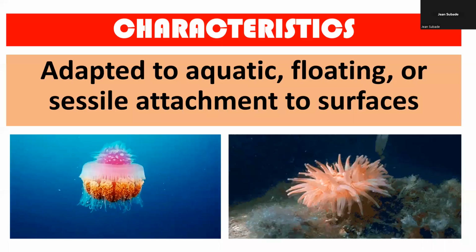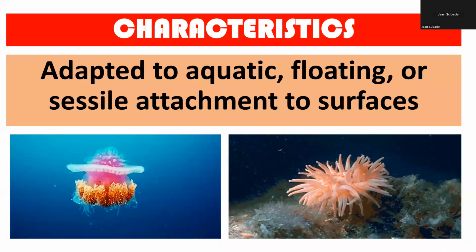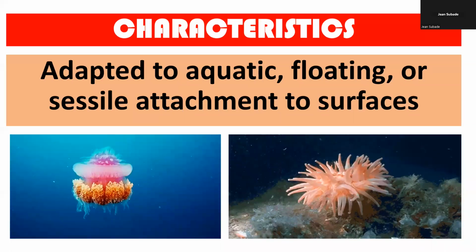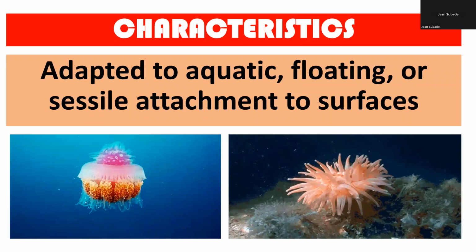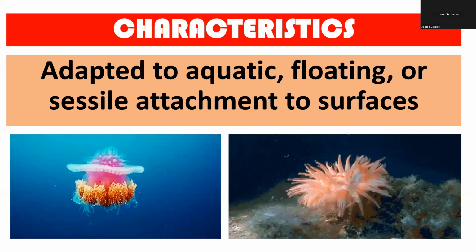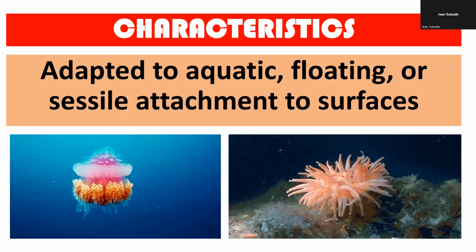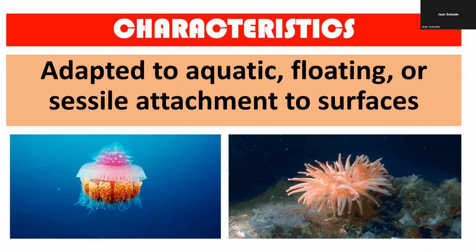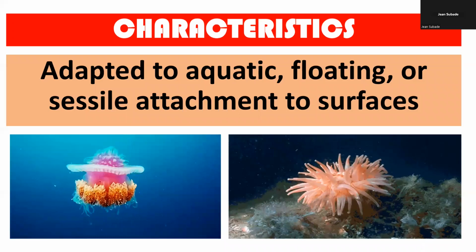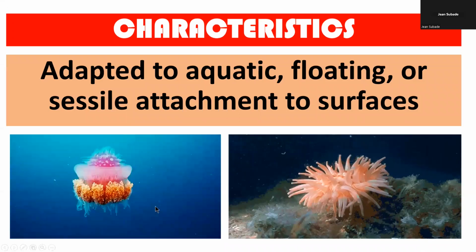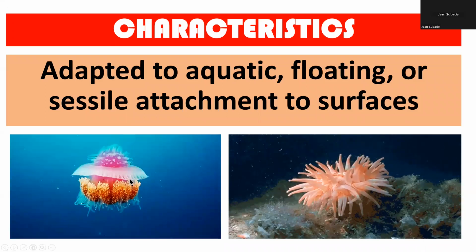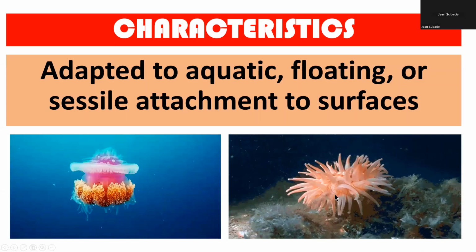In terms of habitat, they are adapted to aquatic environments. Some of them float in the water, and some are attached to the ground or to the bodies of water. The best examples are the jellyfish and the sea anemone.